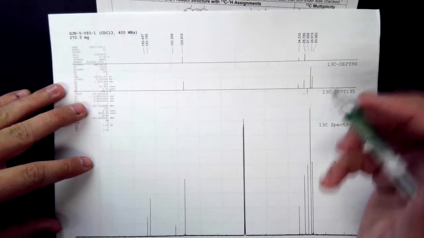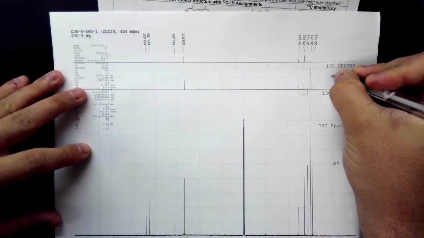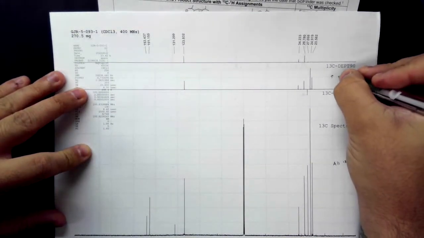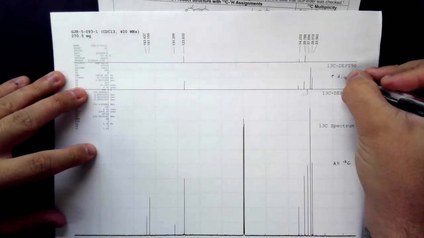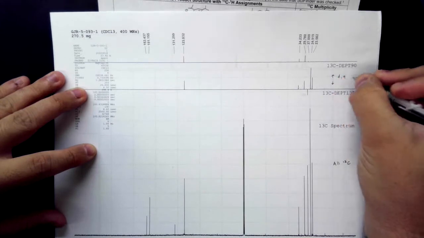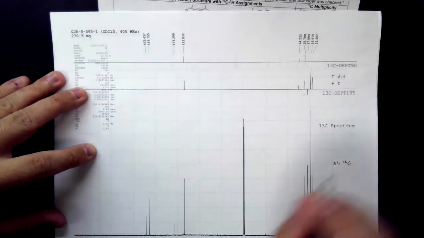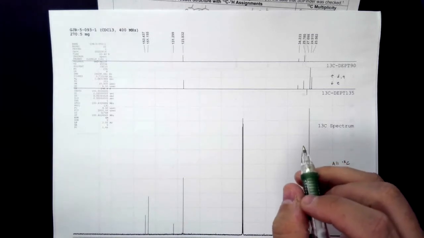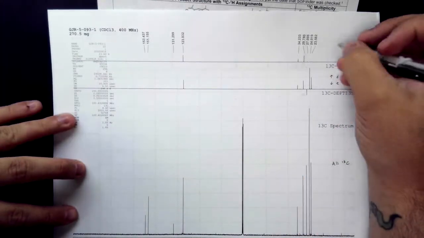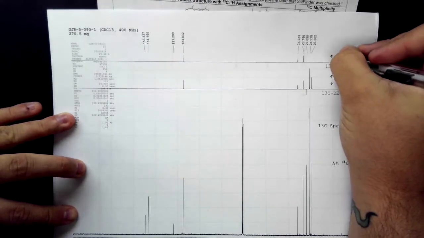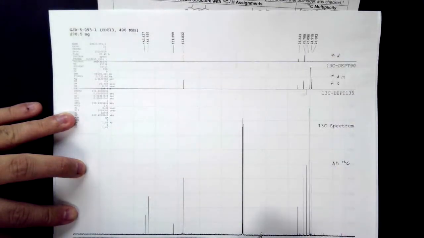The DEPT 135, if you want to think of it as everything up, will be your doublets and your quartets. And everything down will be your triplets. On the DEPT 90, the only thing that it shows is up, and these are doublets.